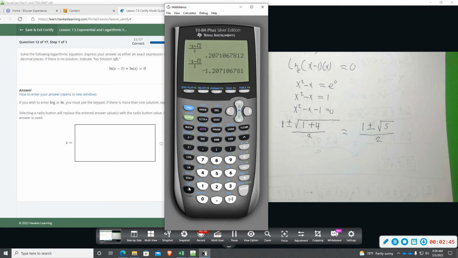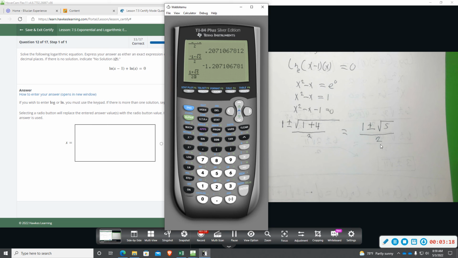Alpha, y equal, enter, and then 1, we'll do the plus first, plus square root of 5 divided by 2.